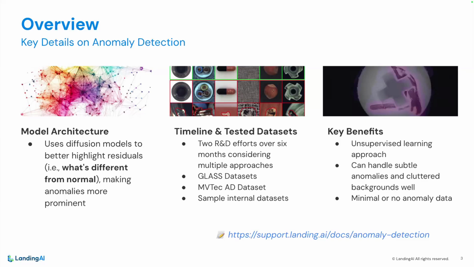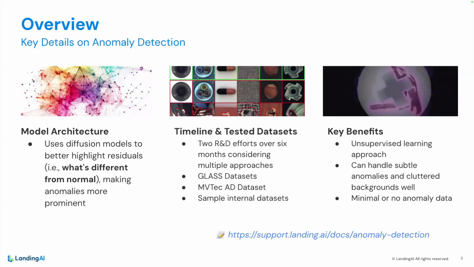So from a research perspective here at LandingLens, we spent about 6 months over 2 different efforts looking at various approaches that are considered state-of-the-art to incorporate into LandingLens. And we tested that across industry standard data sets for MVTec and others, and then our own internal data sets.